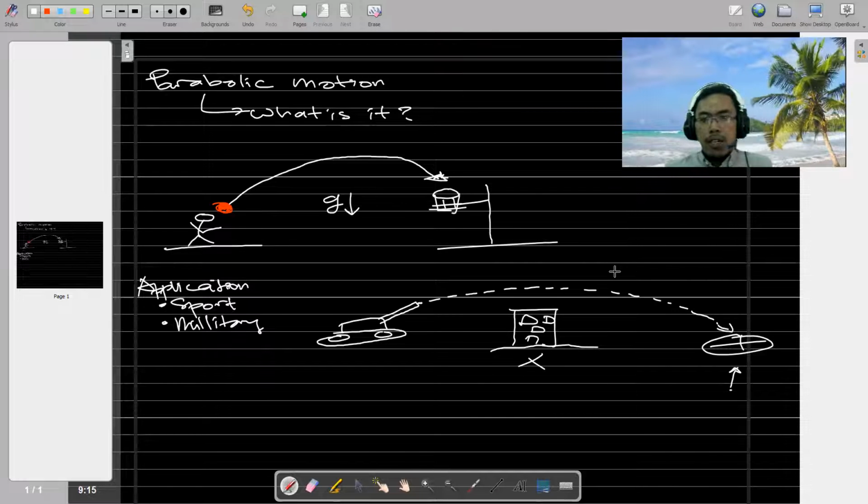But actually we have a lot of applications, not only in sport and military, but I assume that this kind of concept will always be used in the military, because sometimes you have to direct your rocket or maybe your pilot to hit the target, but you have to pass a certain object, let's say a building or maybe even bigger.